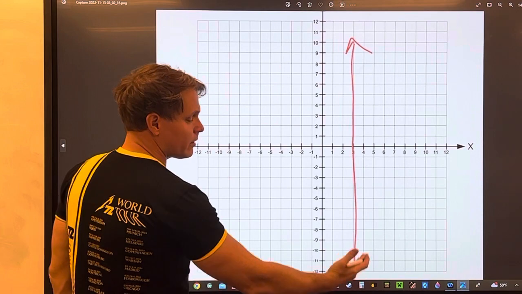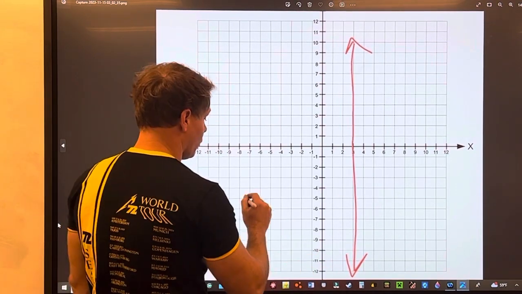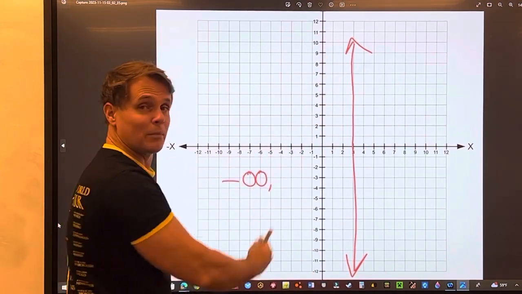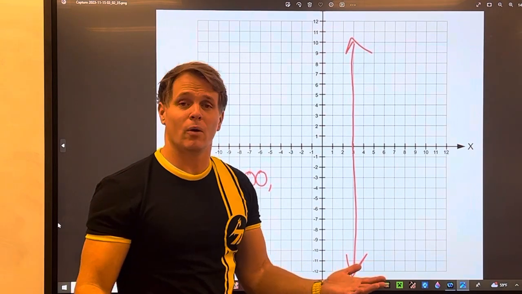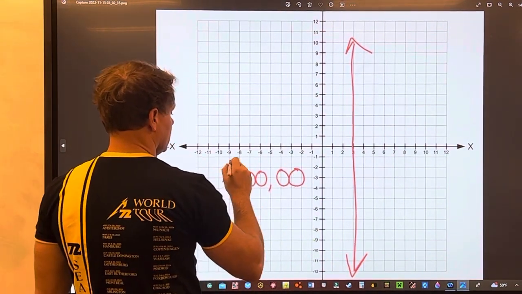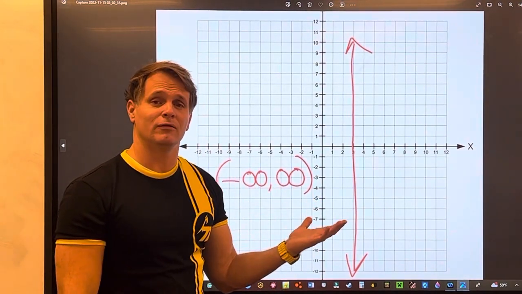So where do we start at on the bottom? Well, there's no ending going down. So that means we got -infinity. Now, where do we stop going up? There is no stopping going up. That's positive infinity. I'm going to put parentheses around them both because you put parentheses around the infinity symbol.